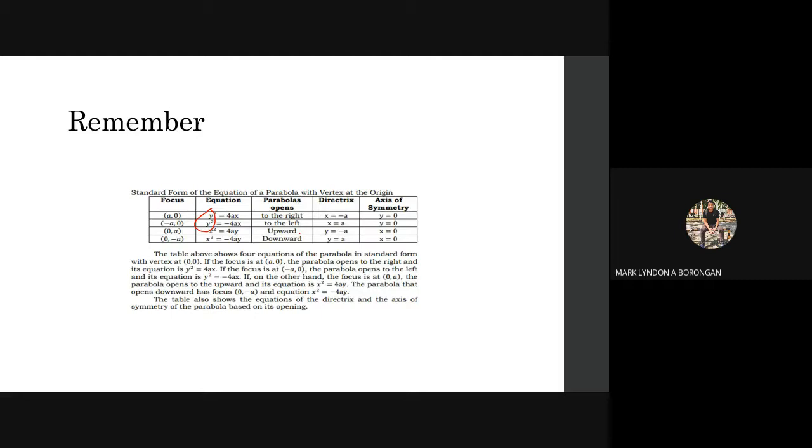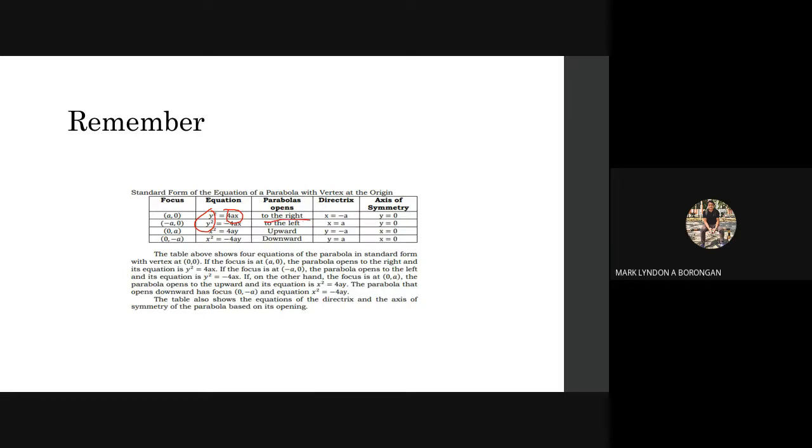Okay, how to determine the direction? All you have to do is check the sign of what it is equal to. So if y squared is equal to a positive number, as you can see here, the parabola opens to the right.